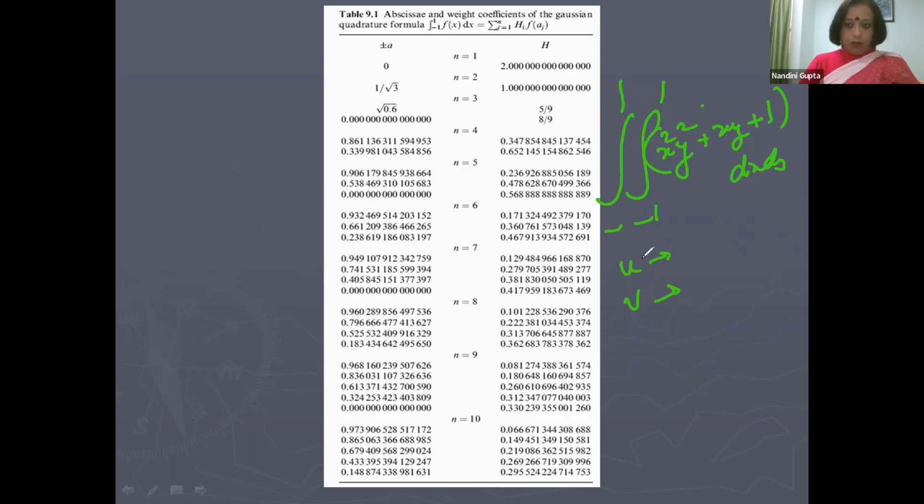Two? 2 in u and 2 in v. So how many total integration points will you have? 4. Perfect.